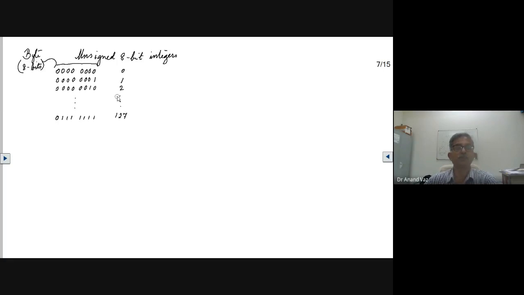But when you come to signed integers, the moment you put a 1 here, the integer becomes negative. So when you add 1 to this previous one, you get this. Then you can go on adding 1, 0, 0, 0, 0, 0, 0, 1.